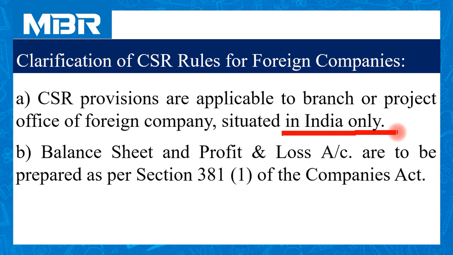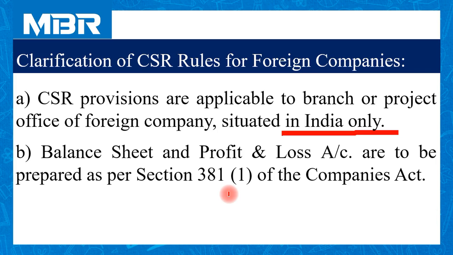Second, balance sheet and profit and loss account are to be prepared as per section 381 of the Companies Act. In Companies Act 2013, guidelines are given for the preparation of the final accounts, that is annual accounts. How to prepare the balance sheet and profit and loss account?